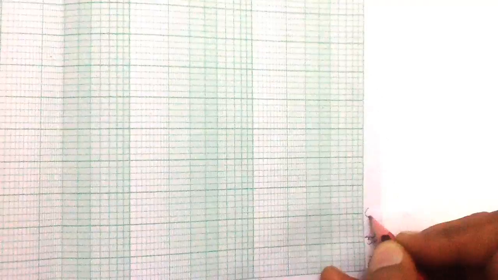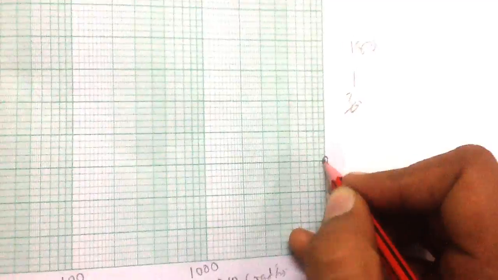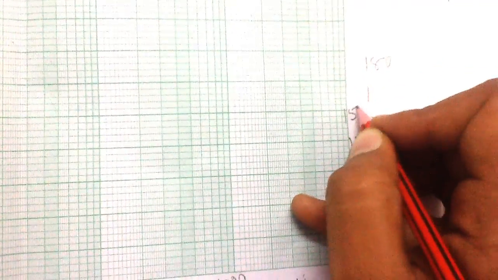Let us write 30, 0, 60. You don't have a negative, so no worries. 60, 90, 120, 150, 180, 210.